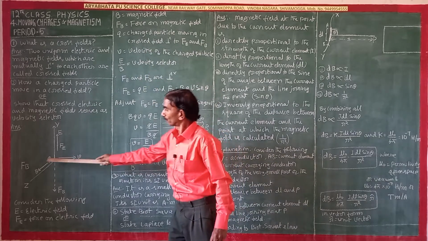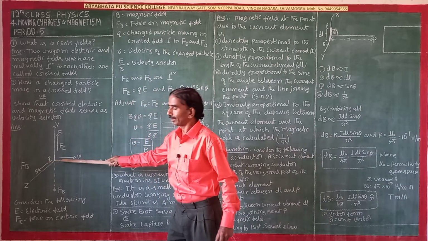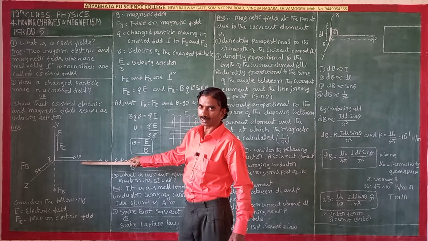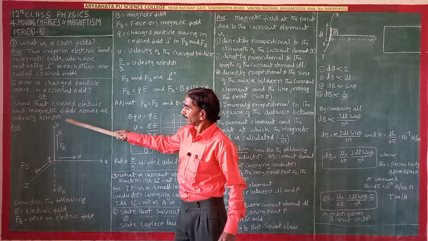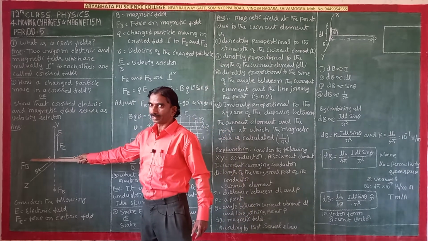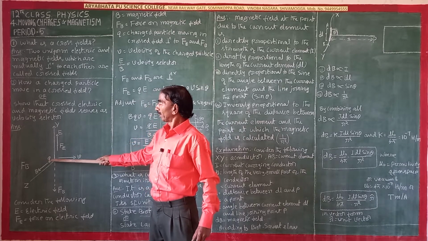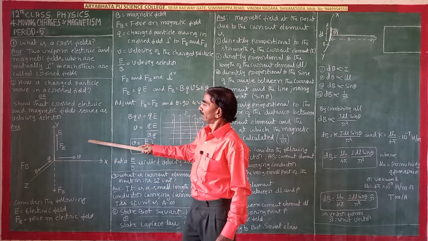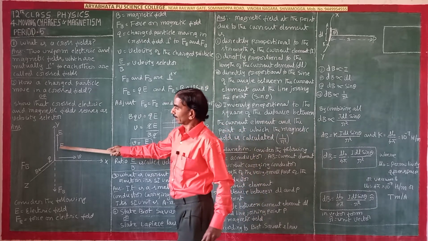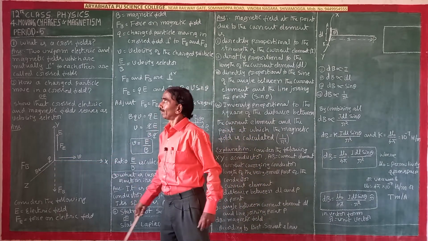Next, Q is equal to charge. The charge is entering this electric and magnetic field. That is, the charged particle is entering the crossed field, perpendicular to the electric field and perpendicular to the magnetic field.